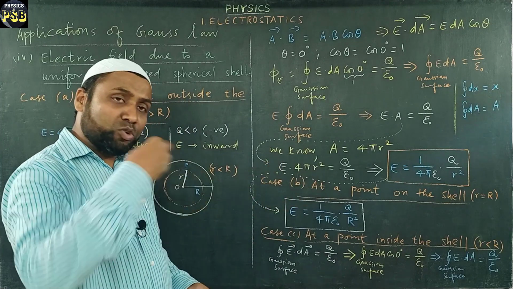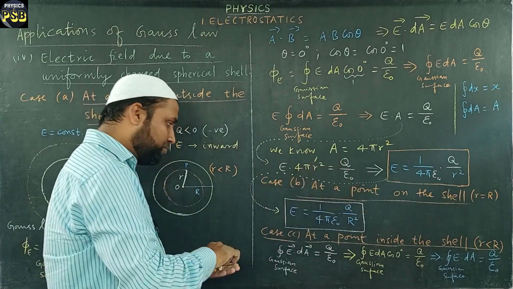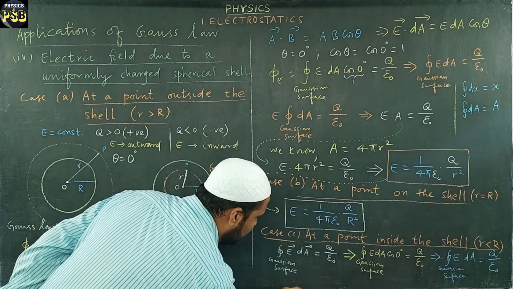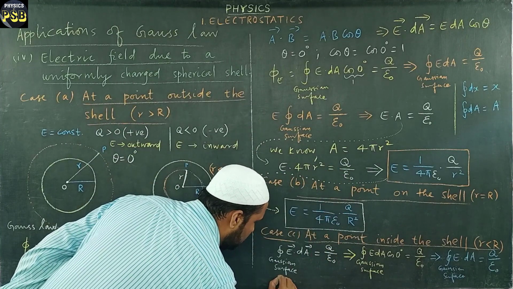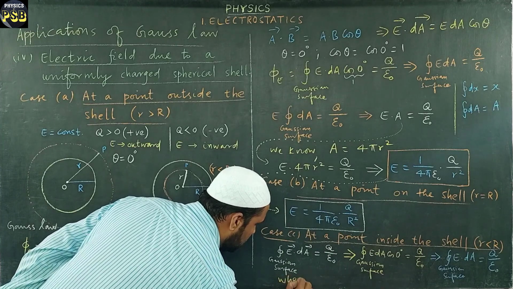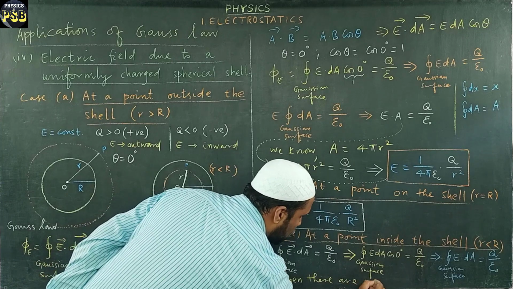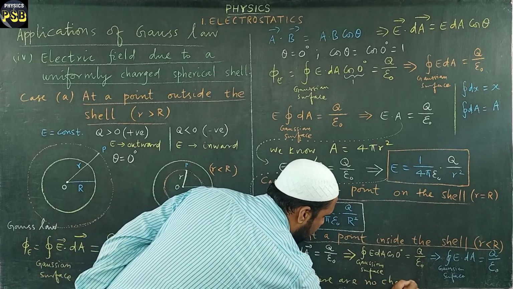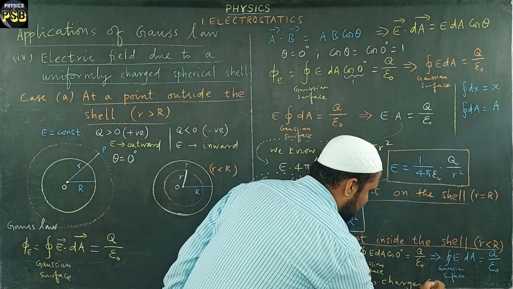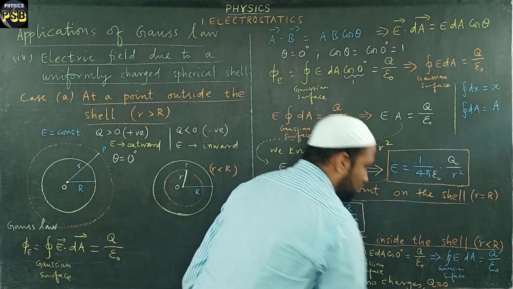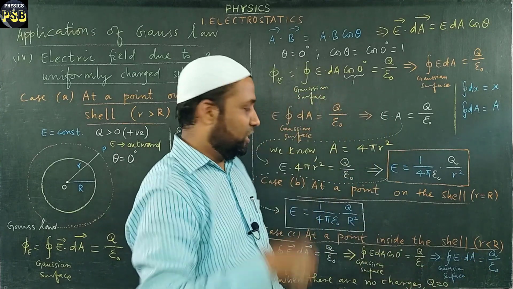So, when there is no charge present inside the shell, Q is taken as 0. When Q is taken as 0, 0 upon epsilon naught is 0.